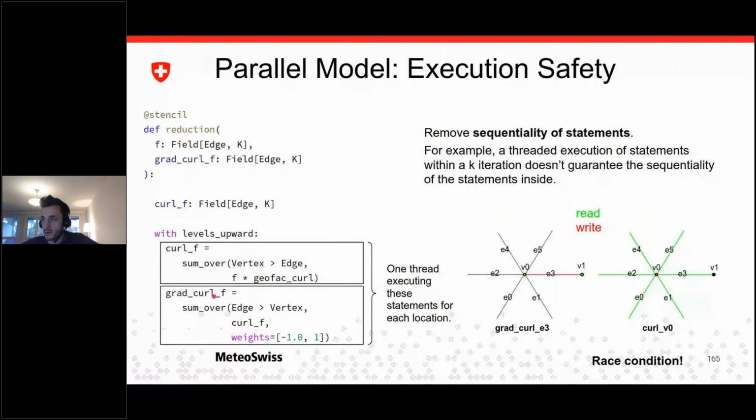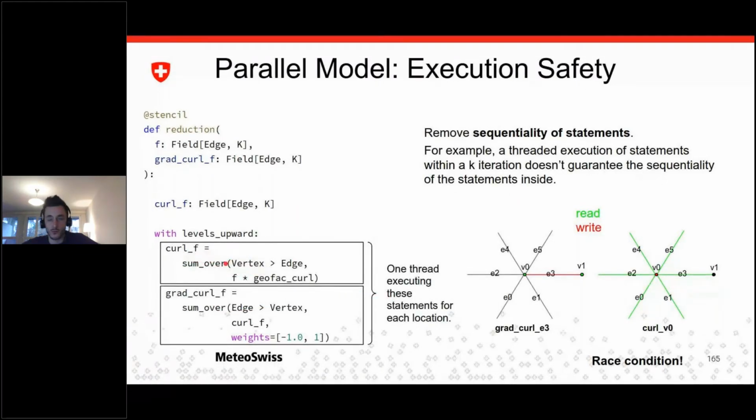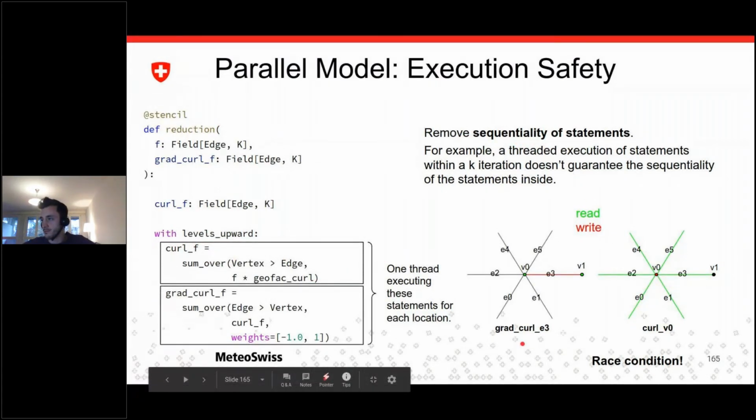But then you have a problem, because these threads execute concurrently, and you have no guarantee that on one thread you reach statement 2 before all the threads have executed statement 1, because of course we remove this sequentiality. And here again this leads to race conditions.